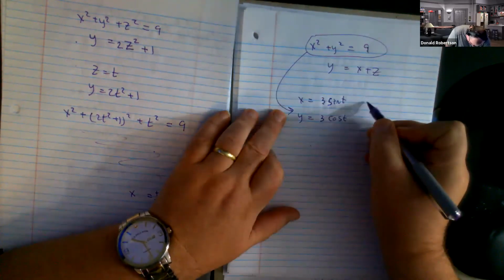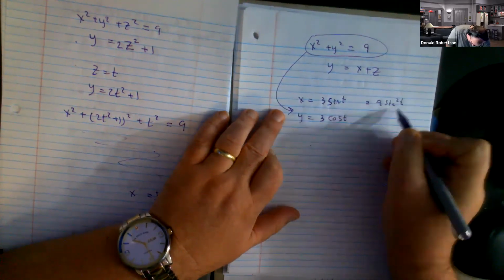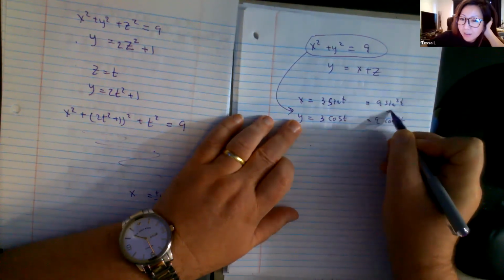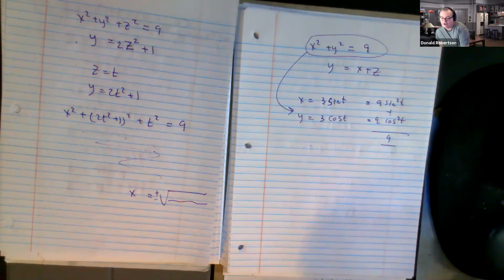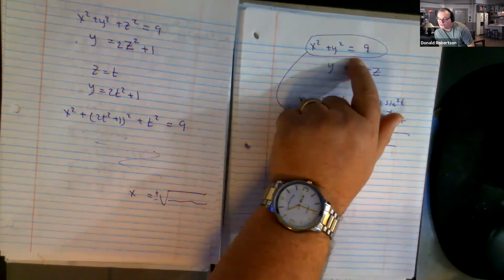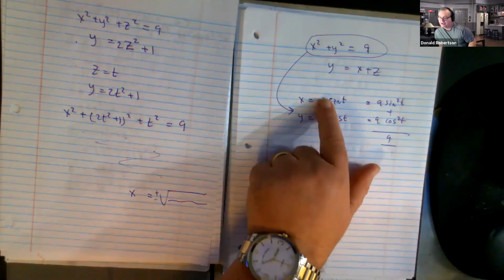If you take this guy and you square it, you get 9 sine squareds. If you take this fella, you get 9 cos squareds. Oh, yes. That's why you got 9. So they're just using a trig identity to generate 2 of them. Now, once you know 2 of them, can't you get whatever the missing one is, right? Yes. So if they had x squared plus y squared equals 10 or 4 or 42, they may have gone in this direction here.